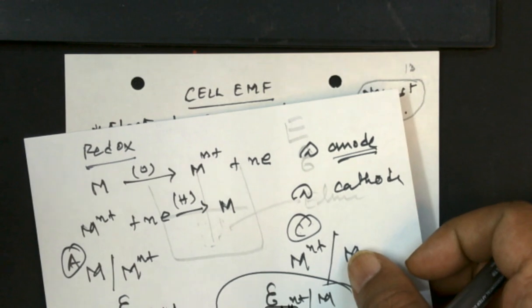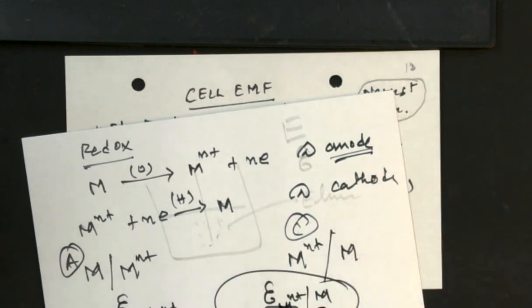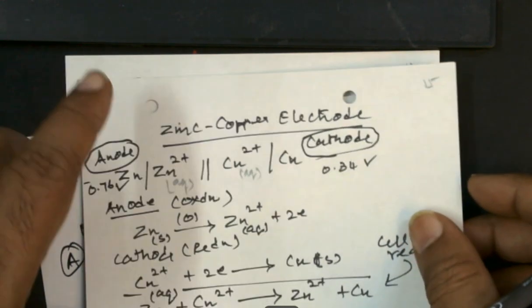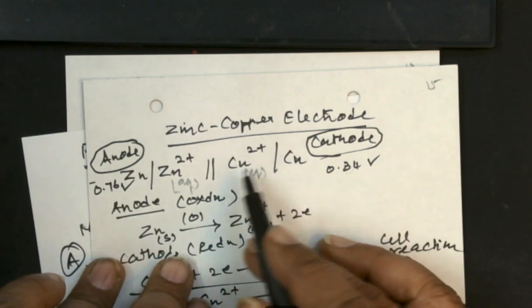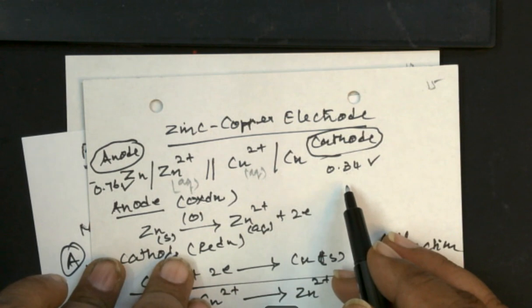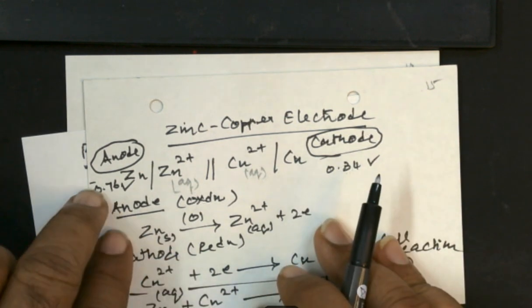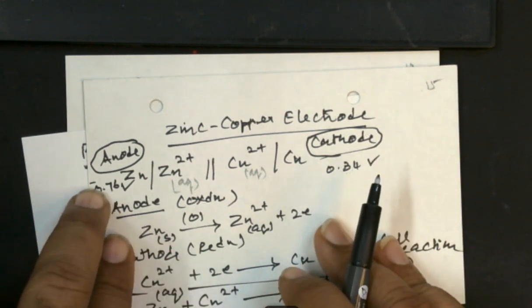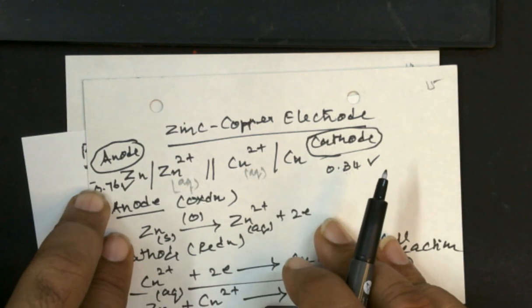For example, let me consider the electrode potential of this one. See the copper electrode, this is reduction potential, it is a positive value. What about this? Why have I given a negative value here? Because it is the oxidation potential.